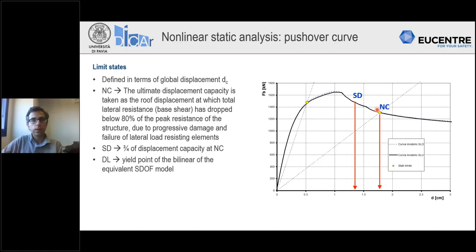Regarding the significant damage limit state SD, the displacement is calculated as 3/4 of the displacement corresponding to near collapse. Finally, regarding the damage limitation limit state, the capacity is the yield point of the bilinear curve of the equivalent single degree of freedom system.